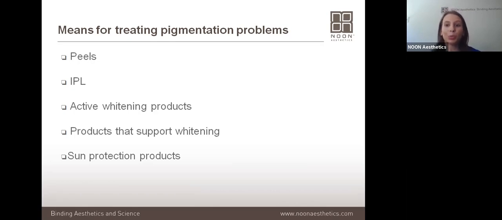Products that support whitening are also very crucial, and I will talk about them more. And of course, our sun protection products, which, as I mentioned at the beginning of the presentation, address the cause of the melanin creation. So when the rays of the sun hit the keratinocytes, it starts the process. So if we do not protect our skin from the sun, it will all go to waste.